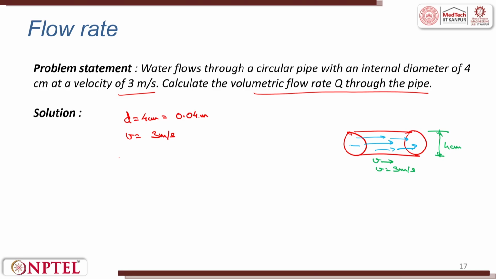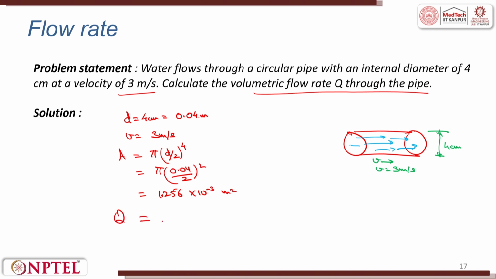We know Q is equal to A into V. For that I have to calculate A. A is equal to pi (D by 2) squared, that is pi r square. This is equal to pi into (0.04 by 2) squared. I got the value of A as 1.256 into 10 raised to power minus 3 meter square.